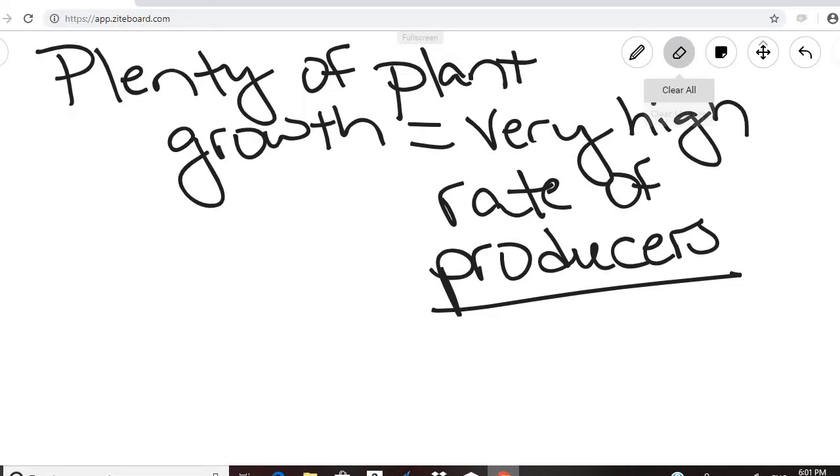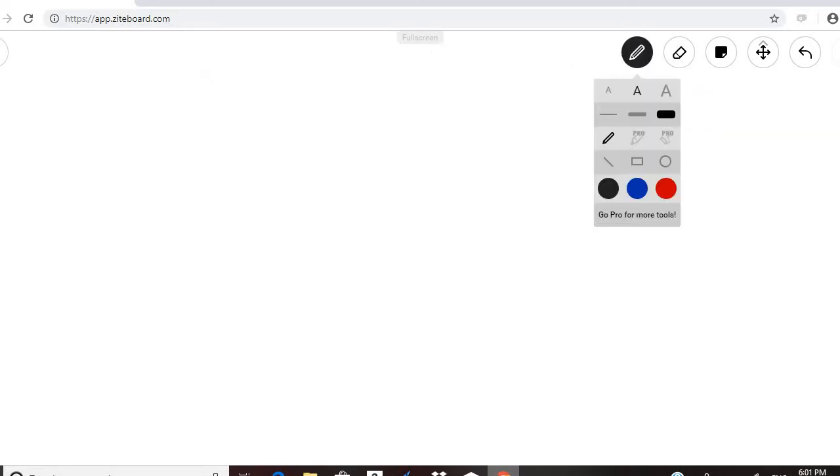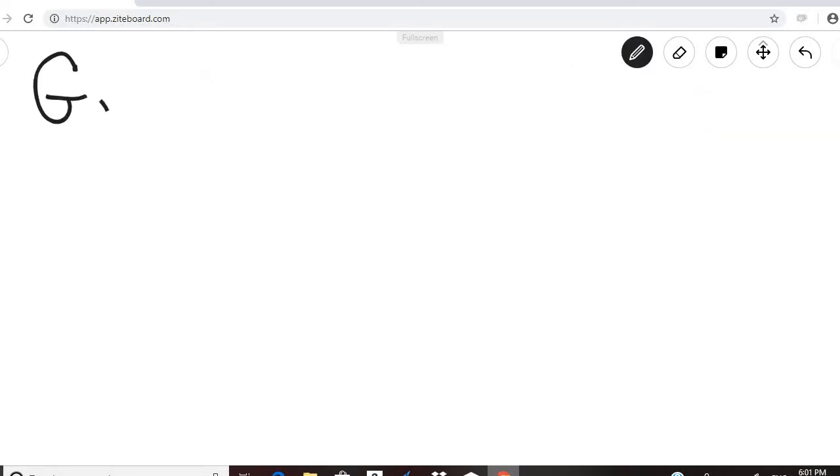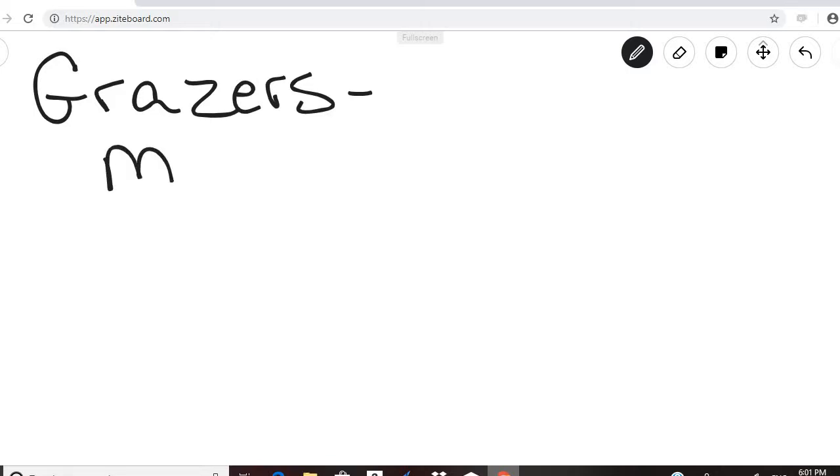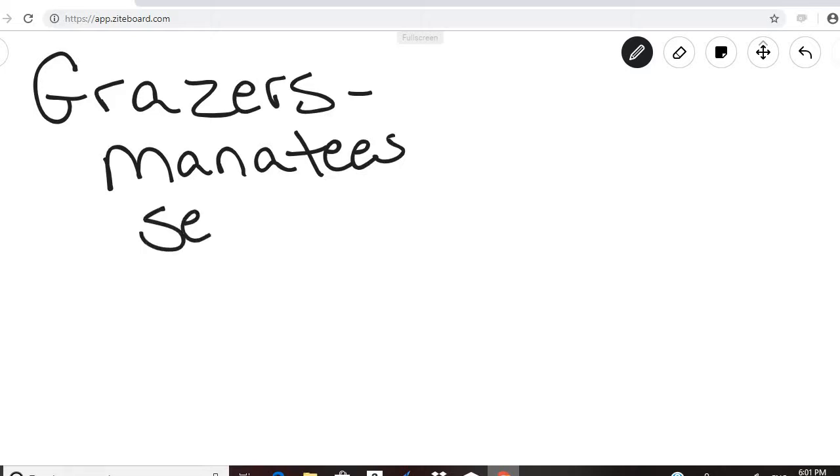Well, this is the area where you would find a lot of grazers. Those grazers are the animals that go around and eat plants. In these areas you would find manatees, sea urchins that will eat the plants, and sea turtles.